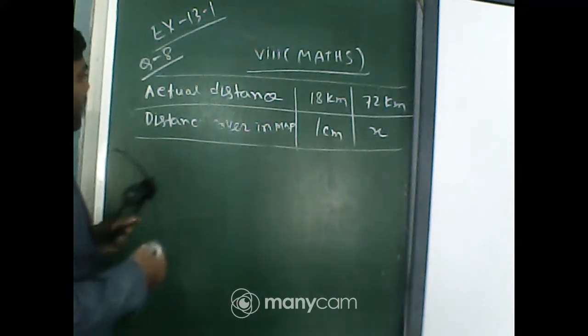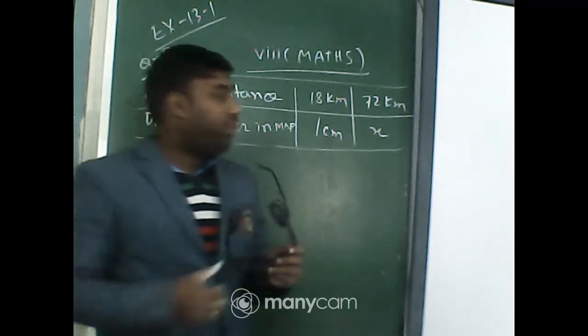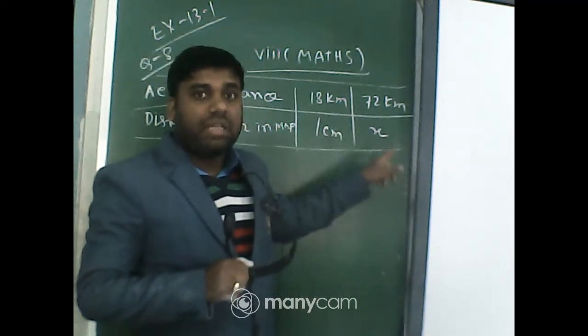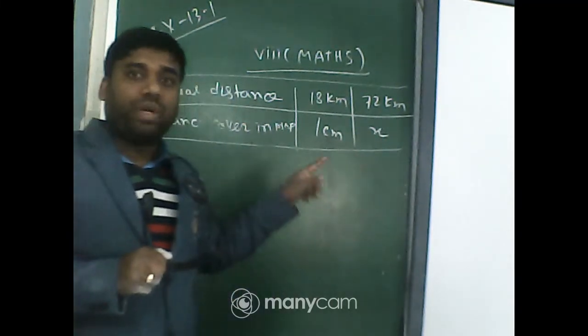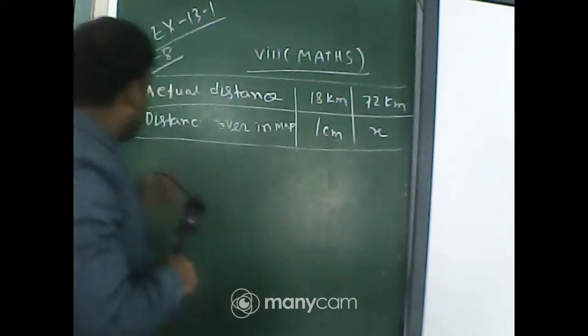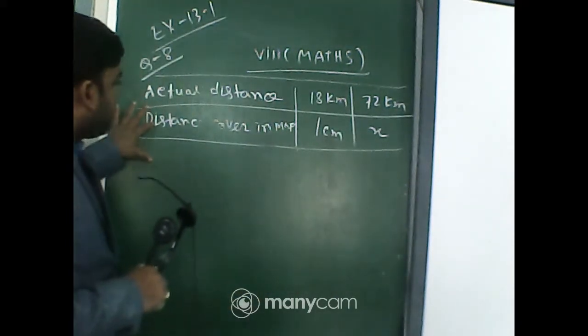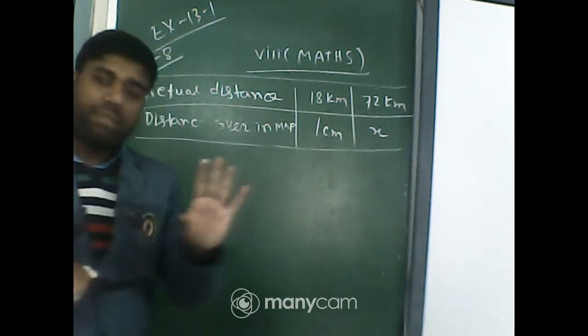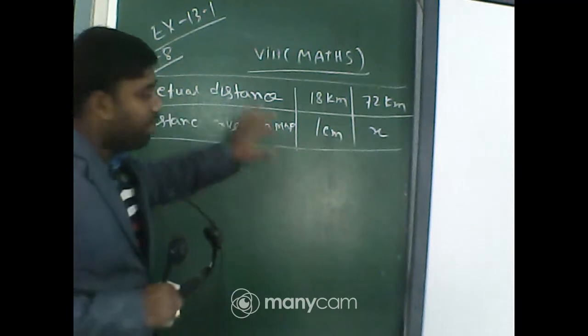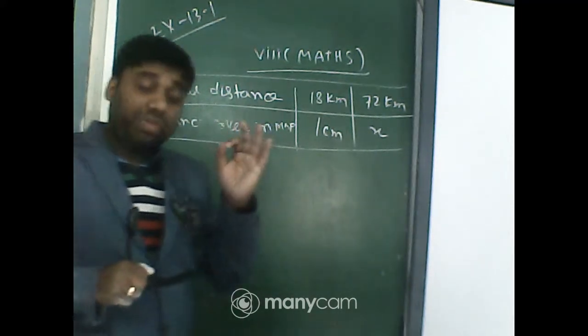Let the distance covered in the map when the actual distance is 72 kilometers be x. Now, actual distance and distance covered in map are in direct proportion.